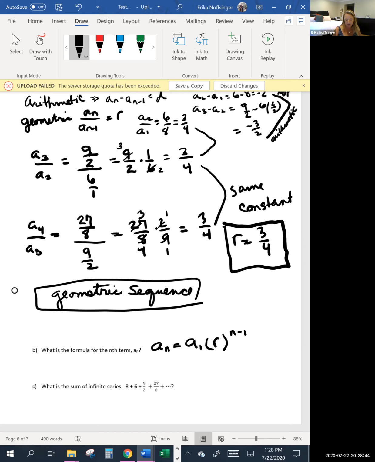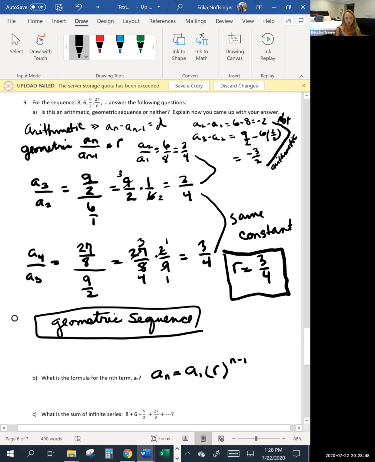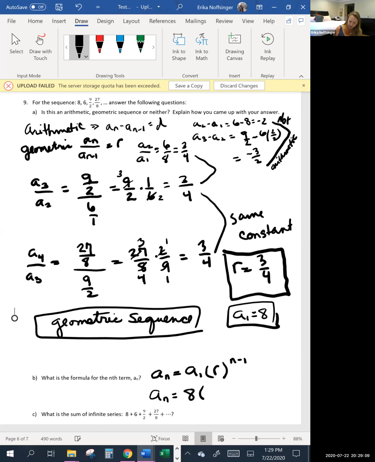If you go back and look at your sequence, it gave us the first 4 terms of the sequence, so we know our first term, a sub 1, is 8. Knowing these two things, we now know our formula for a sub n. So a sub n is equal to 8 times 3/4 raised to the n minus 1 power.